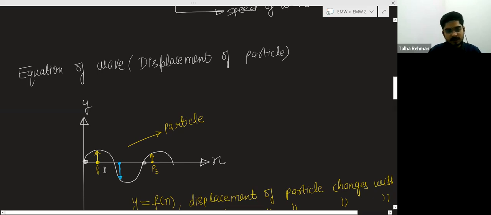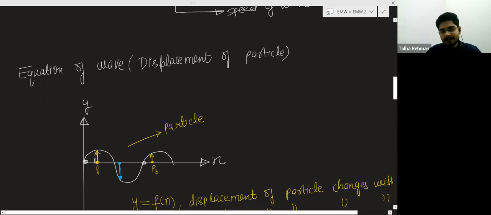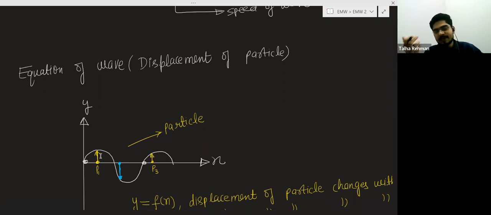So with time this particle is oscillating, which means the displacement of the particle is changing with time.